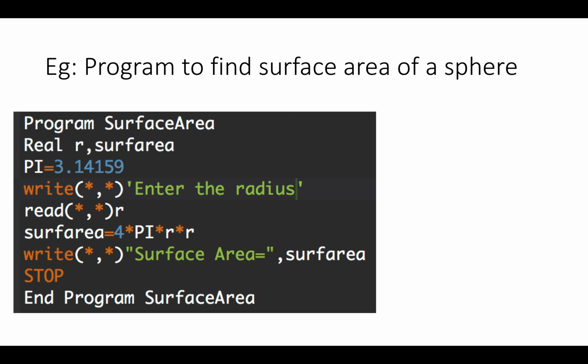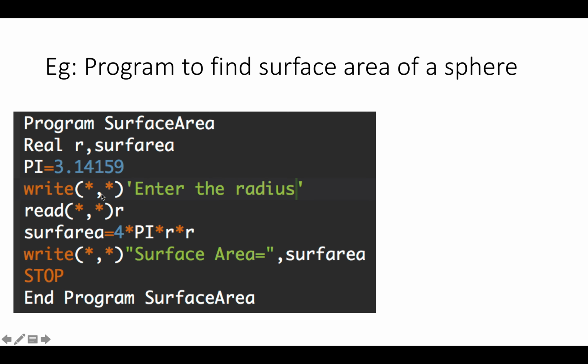Let us consider a program to find the surface area of a sphere for understanding a sequential structure. I have written a program for finding surface area, and I defined two variables, r and surface area, as real variables and a constant pi whose value is 3.14159.